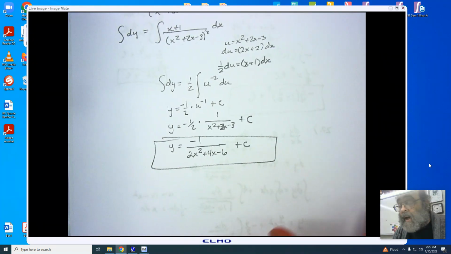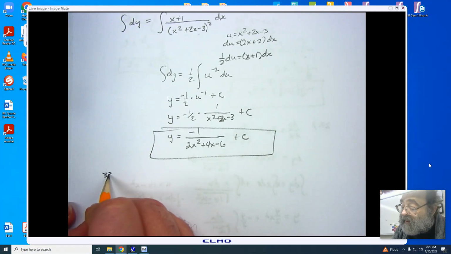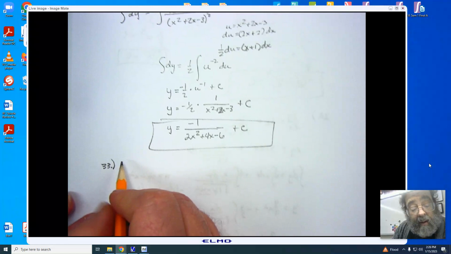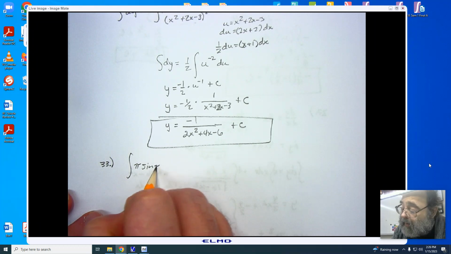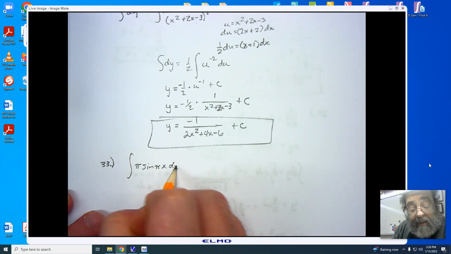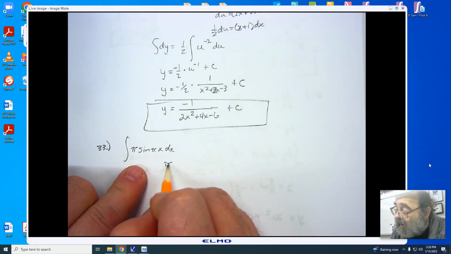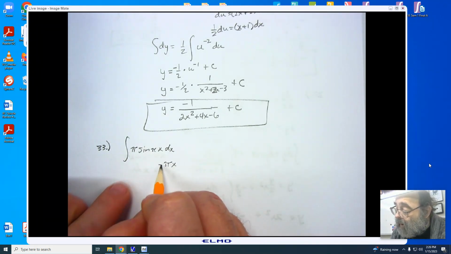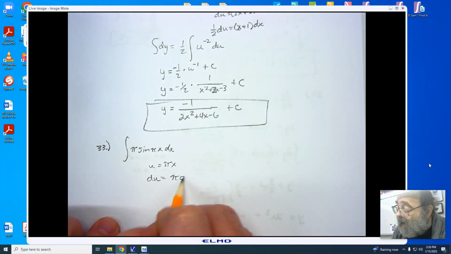Number 33 is next. Now, don't let these next few problems give you any kind of issue. We're doing the exact same thing. We're just now starting to get into the various rules that we've been practicing in class. For example, I take pi x as my u, and my du is just pi dx.